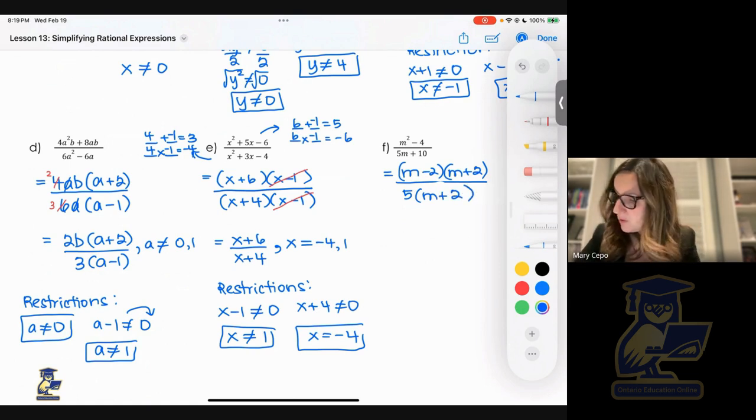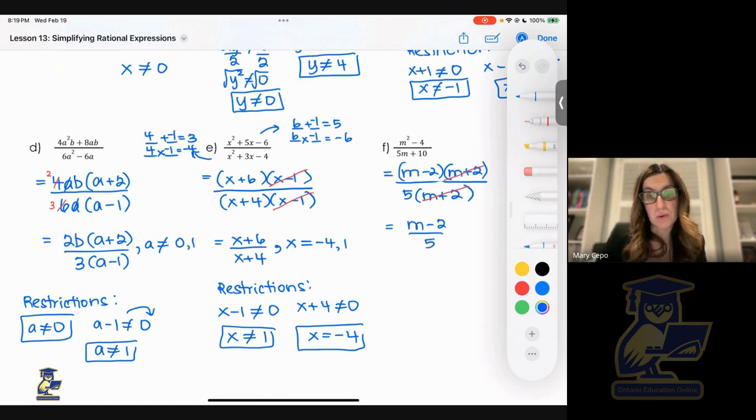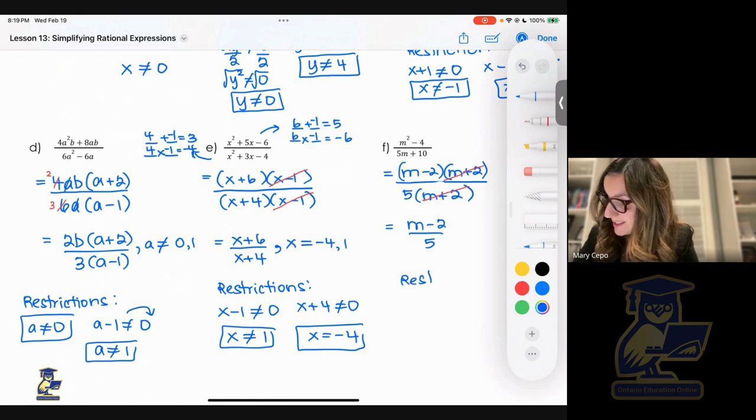I notice we do have a common binomial, so we can simplify that, and we're left with m minus 2 all over 5. But keep in mind, even though we simplified with that common factor, that binomial is still part of the restrictions.